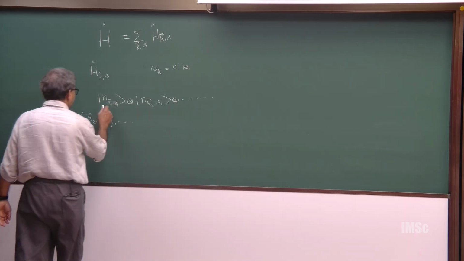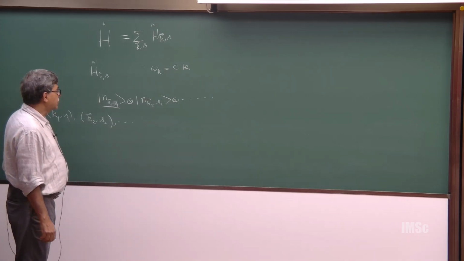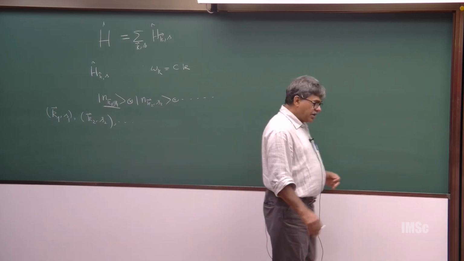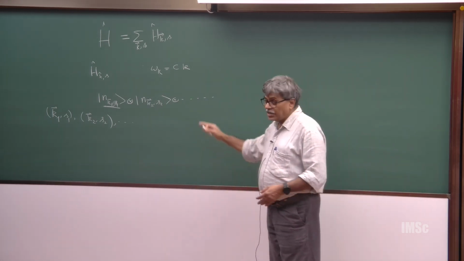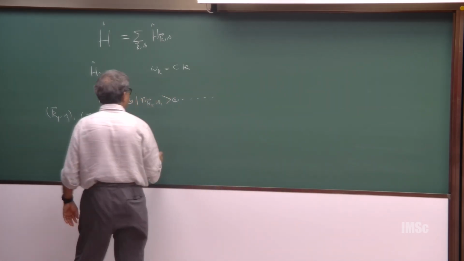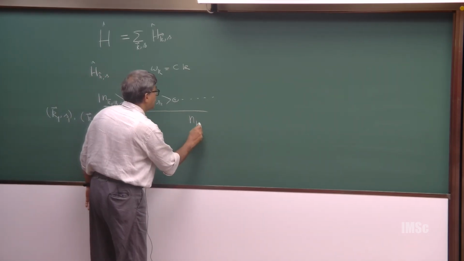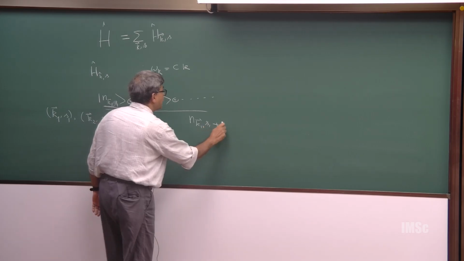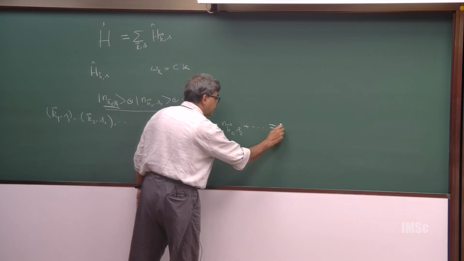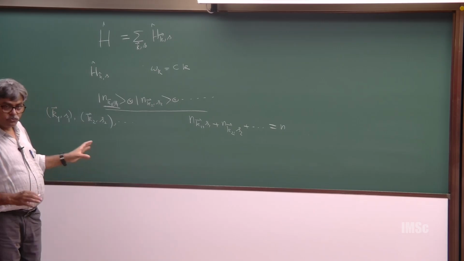These n can take values from 0 to infinity, 0, 1, 2, etc. So, in principle, when I say that we have an n photon state for this quantized electromagnetic field, it means n k 1 s 1 plus n k 2 s 2 plus so on, this is my n. Okay. So, this is the total number of photons.